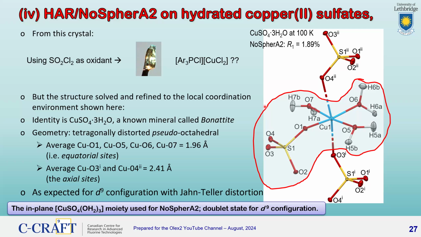Now, when you do NoSpherA2 on these kinds of structures, you have to think carefully about what you compute. In this particular case, the sufficient result to get good form factor calculations was to take the equatorial plane, where the most significant chemical bonding is concerned, and so we could ignore these bridging sulfate ions.